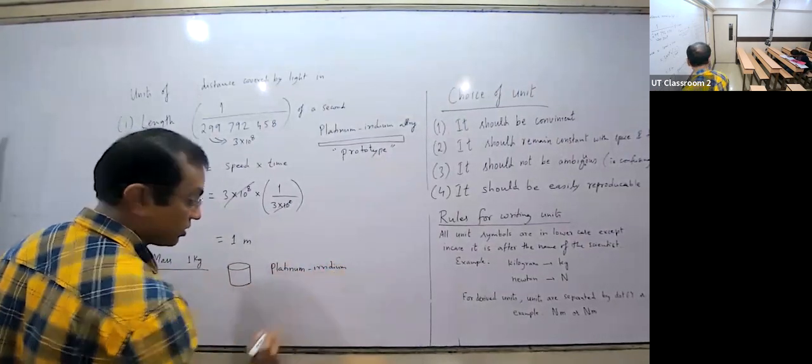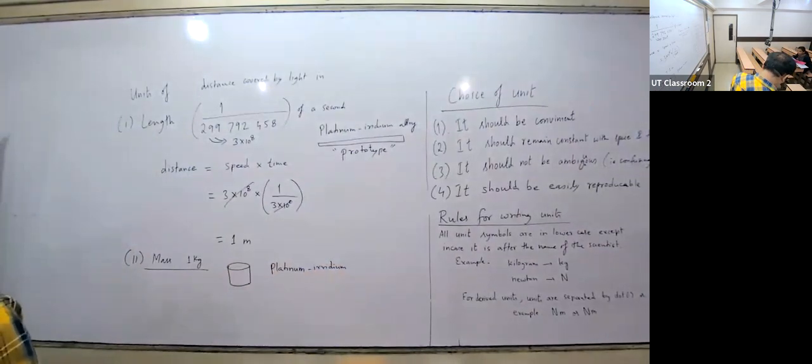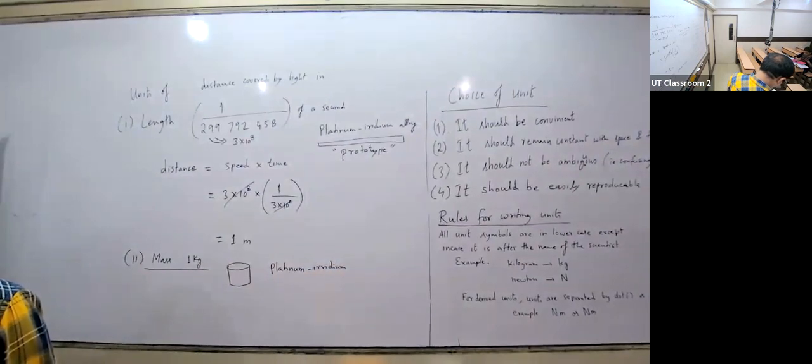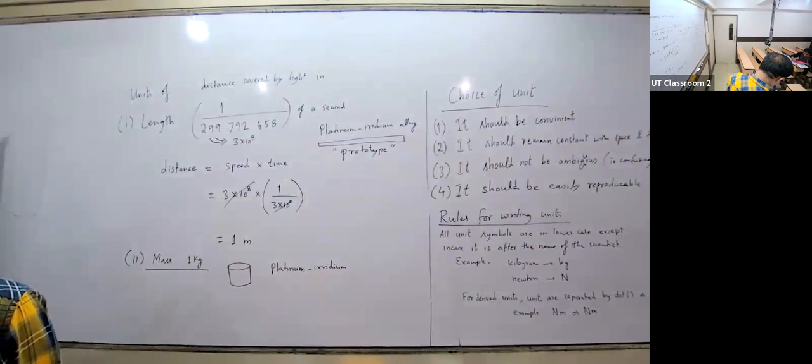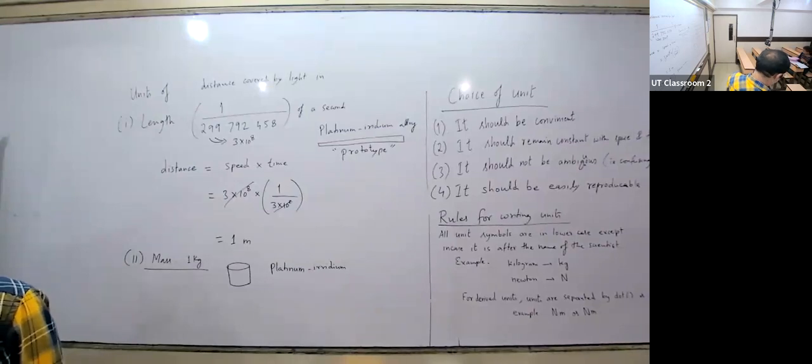Read it in your volume. 1 kg is defined as the mass of a cylindrical piece of platinum iridium alloy kept in the International Bureau of Weights and Measures at Sevres in Paris. So that is what it is.